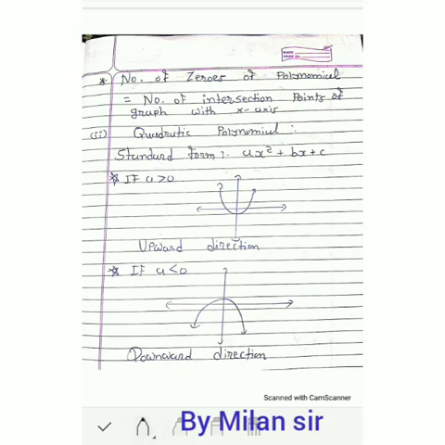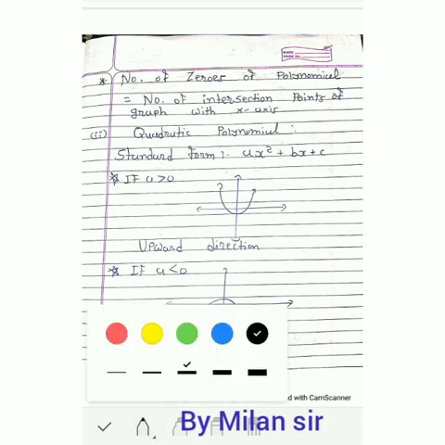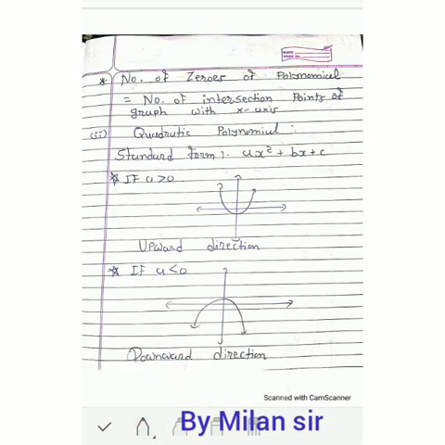Now in a quadratic polynomial, first of all, the standard form of a quadratic polynomial is ax square plus bx plus c, because for a quadratic polynomial your degree is 2, that means the highest power of the variable is 2.